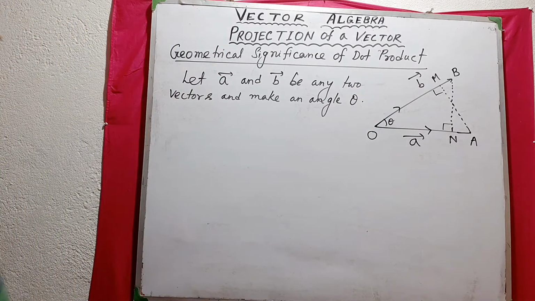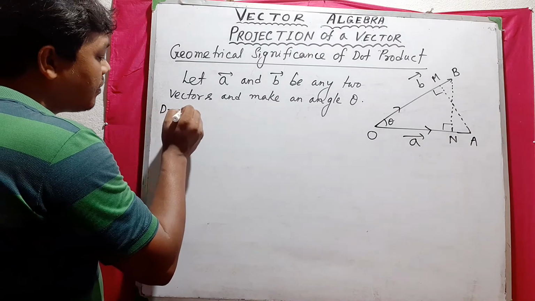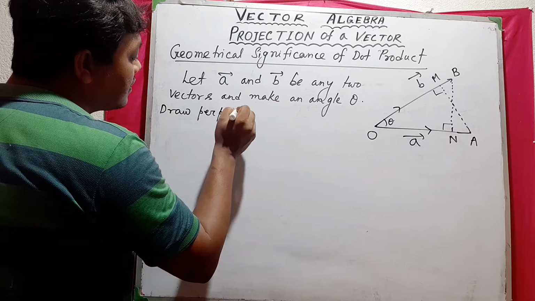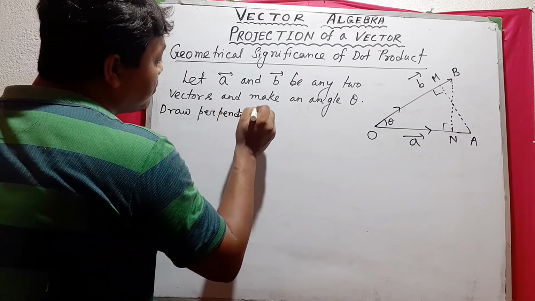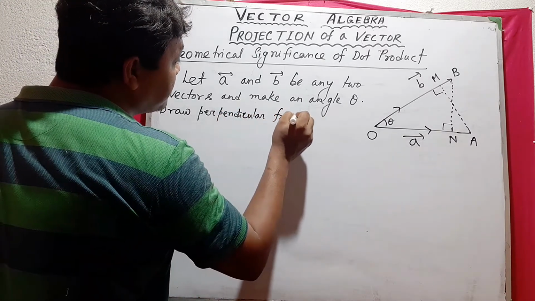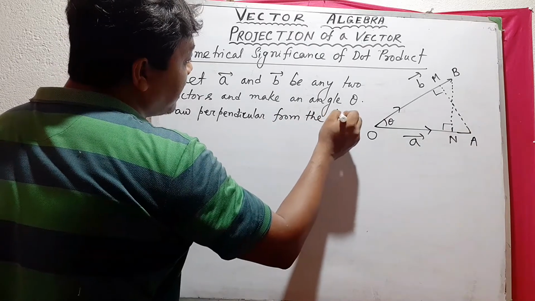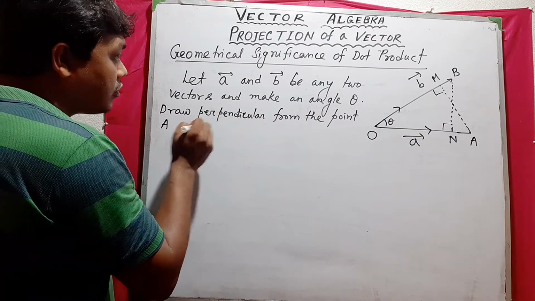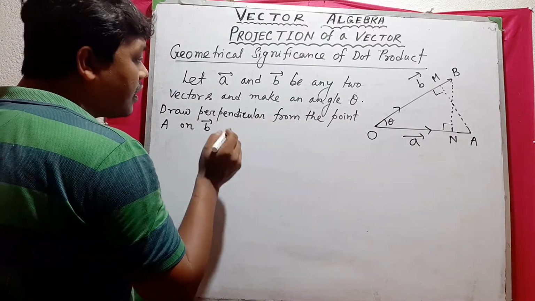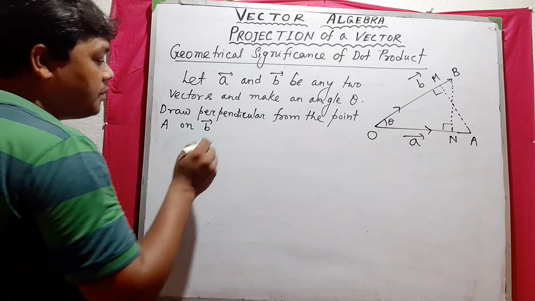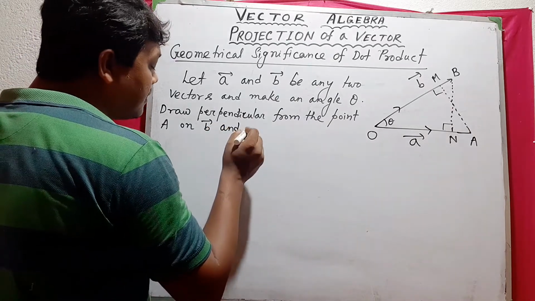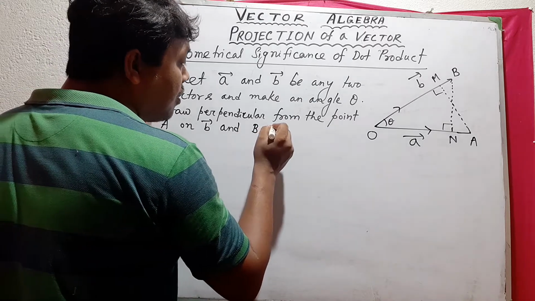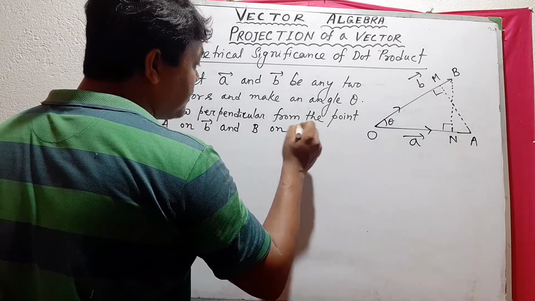Okay, so draw a perpendicular from the point A on the B vector, and from the point B on the A vector.